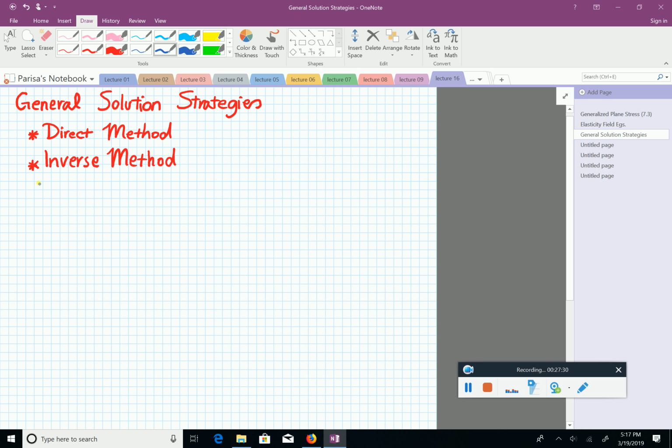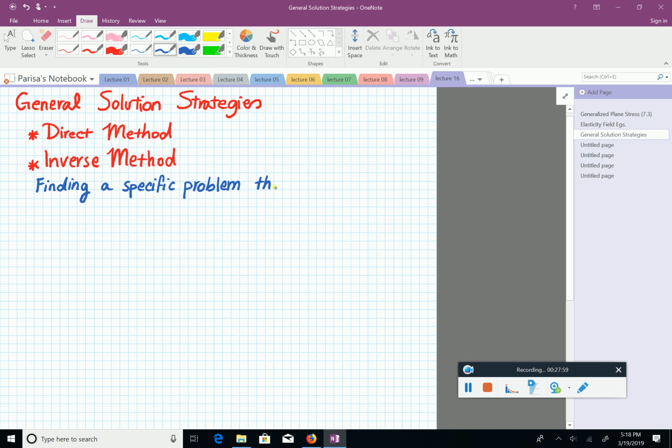So basically this is finding a specific problem. You basically first have the solution, you look for the problem. Finding a specific problem, when I say finding a specific problem, I mean geometry, boundary conditions, body forces, everything which defines the problem.